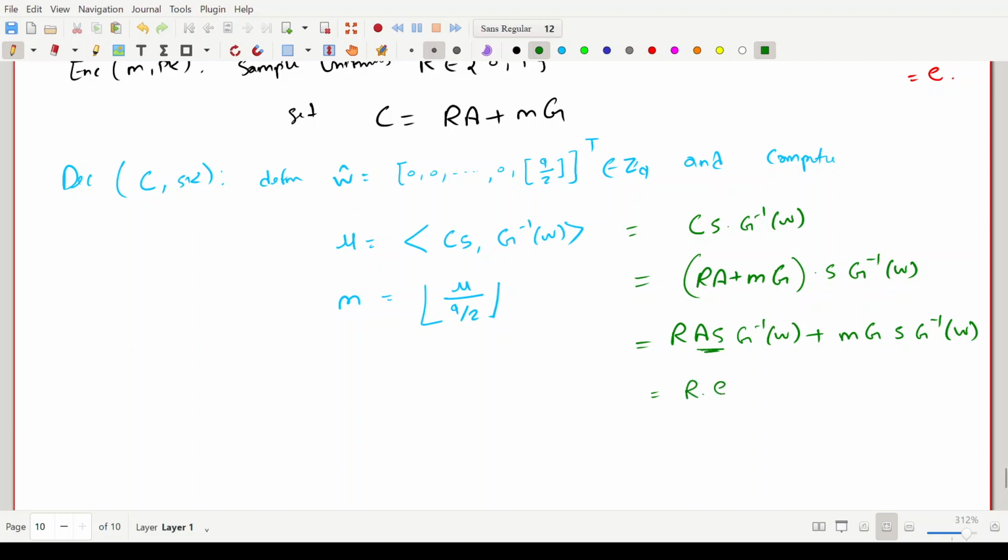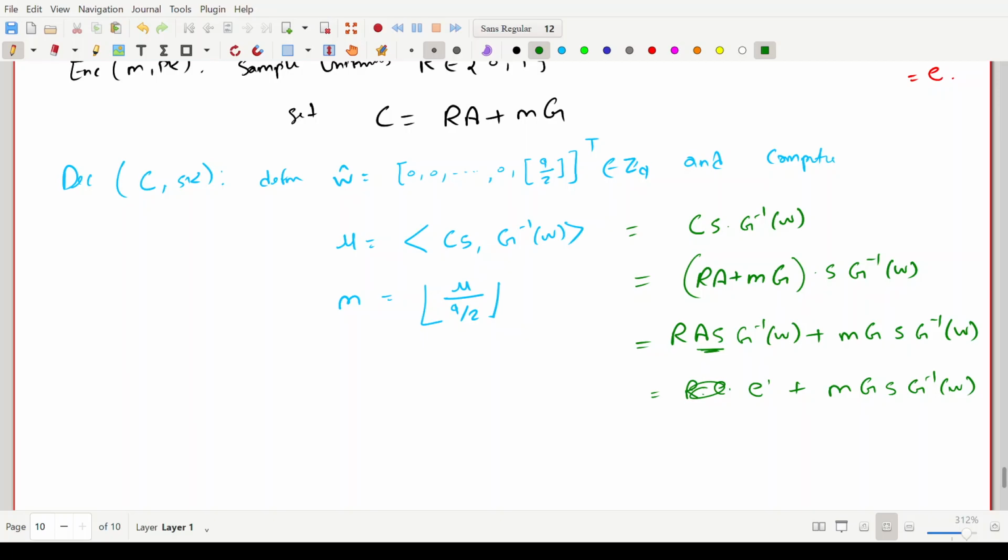R into E, so this is actually just an error, so I'll put it as E plus some E dash, plus this is what I'm having, MG S G inverse W. Actually there is a problem, I think.